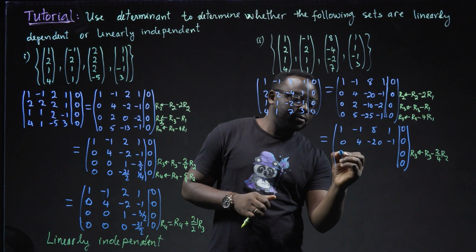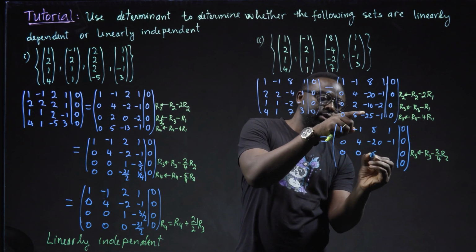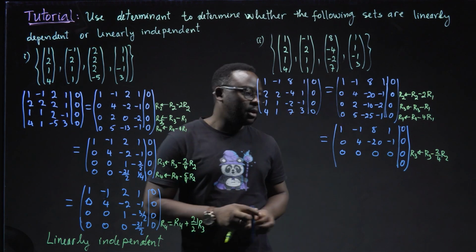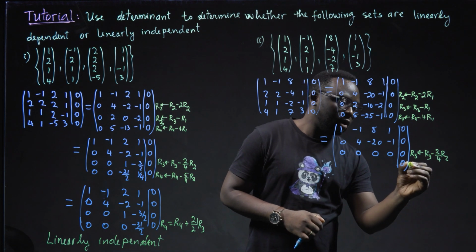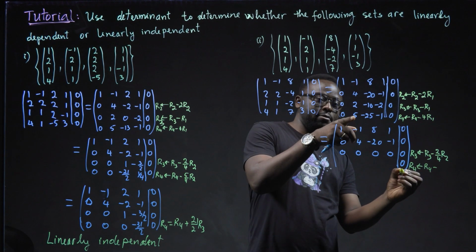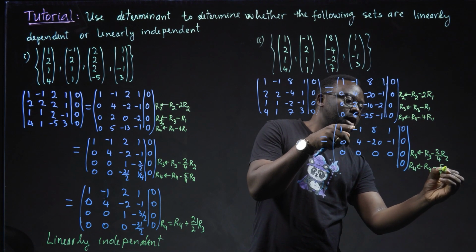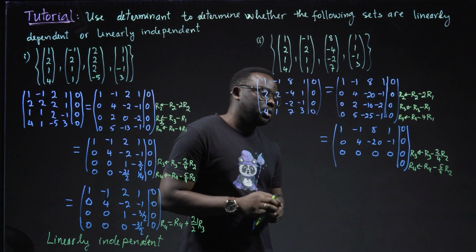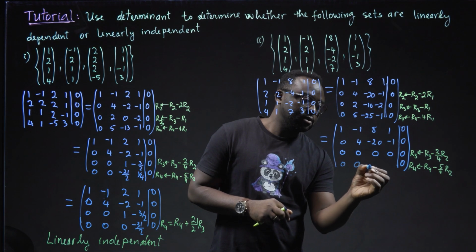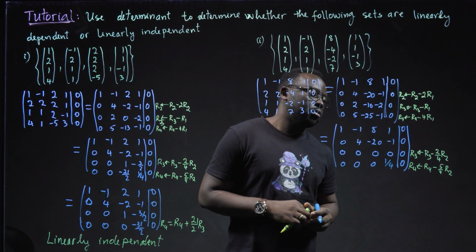Doing so, we have 0, 0. This will also be 0, and the last one is 0. Now for the last row, R4 will be R4 minus 5 over 4 R2. We have 0, 0, 0, 1 over 4.